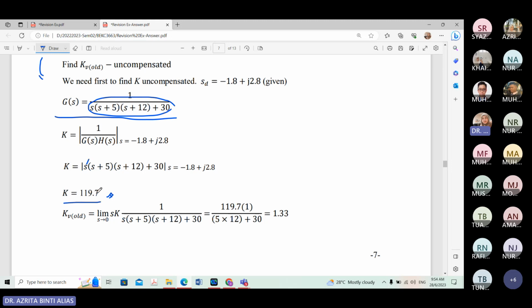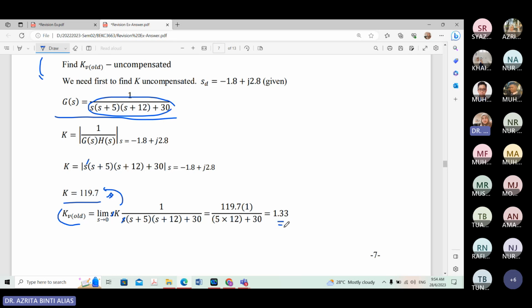After we obtain the value of gain K, we can evaluate the value of KV. I put it as KV old. KV old refers to the KV of the uncompensated system. So we have S here, we can cancel the S here, and then replace the value of gain K that we obtained.